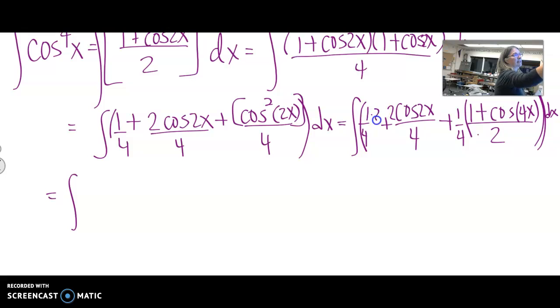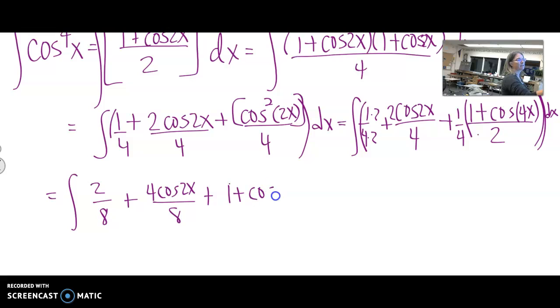So I'm going to multiply this by 2 on the top and bottom, so I have 2/8 plus 4 cosine of 2x over 8 plus, if I distribute, let me do this one step at a time. I have 1 plus cosine of 4x over 8. All of that is my integrand.